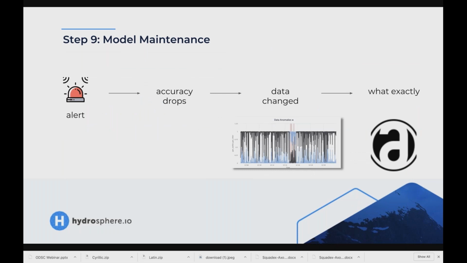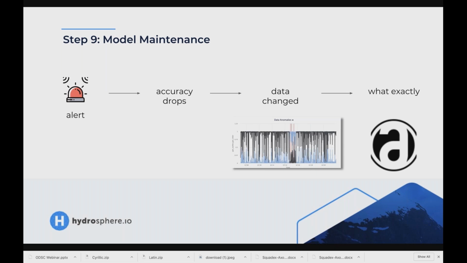And model maintenance: basically when an alert happens, for example accuracy drops, we need to find an answer why it drops. In most cases, it drops because the data has changed.